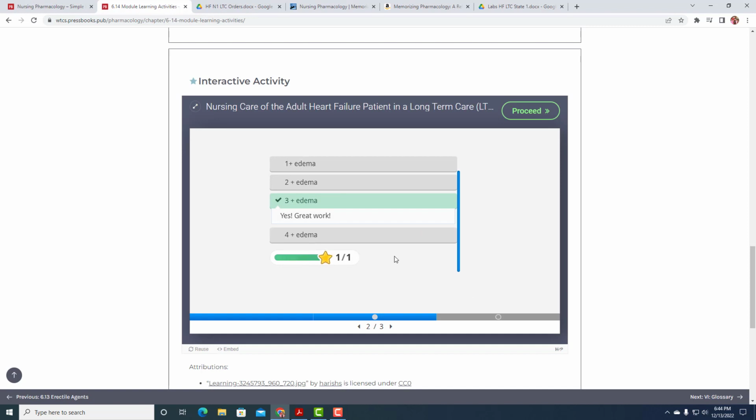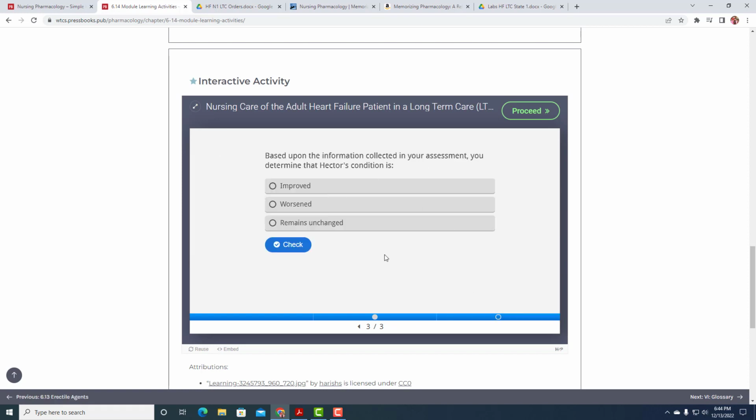It was pretty deep, and I didn't really hear anything about the time with it, but again, you do your best with the picture. Based on the information collected in your assessment, you determine Hector's condition is improved, worsened, or remains unchanged. Because of what we've seen, we'd probably say that this condition has indeed worsened.